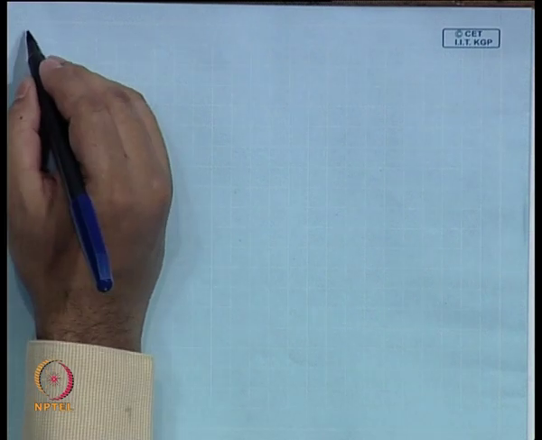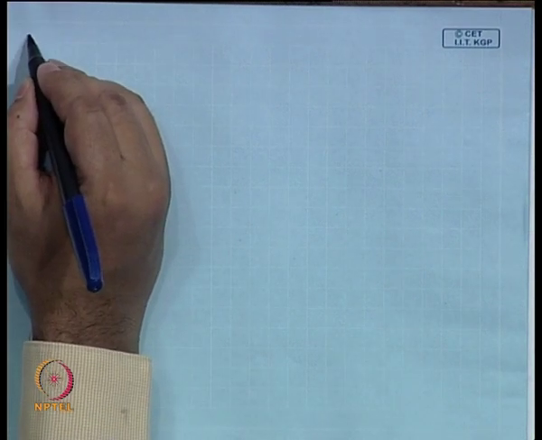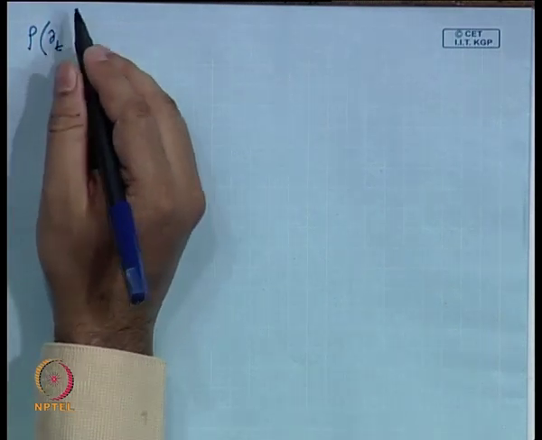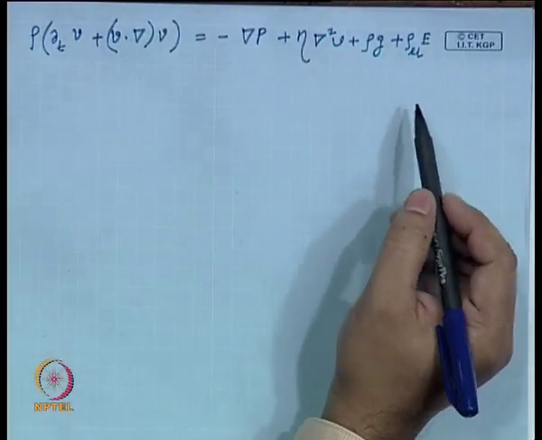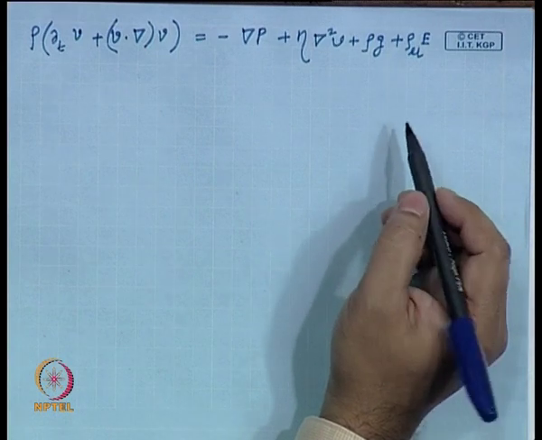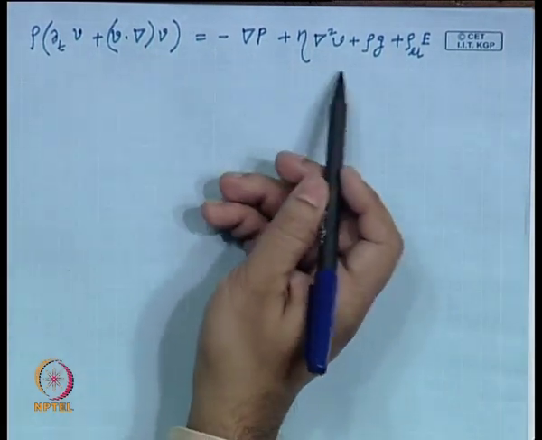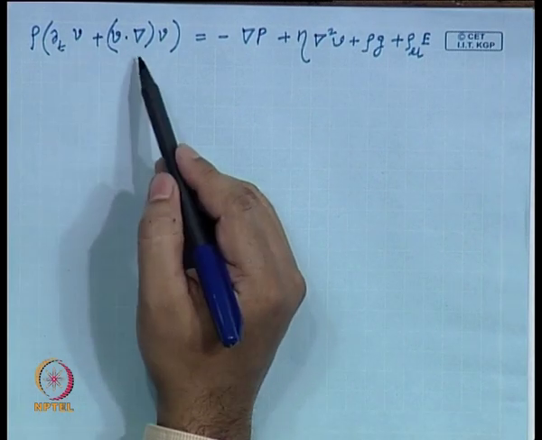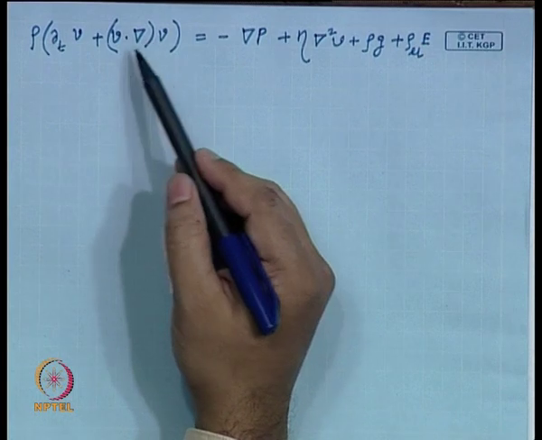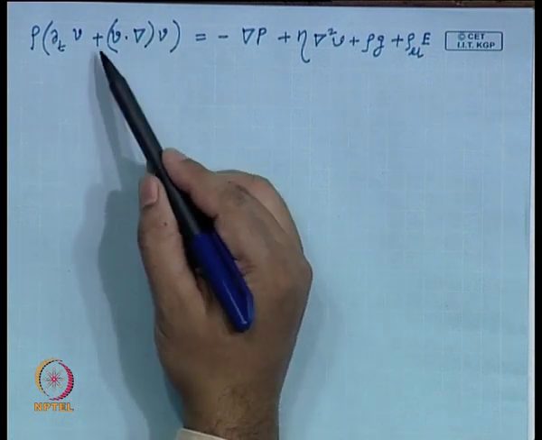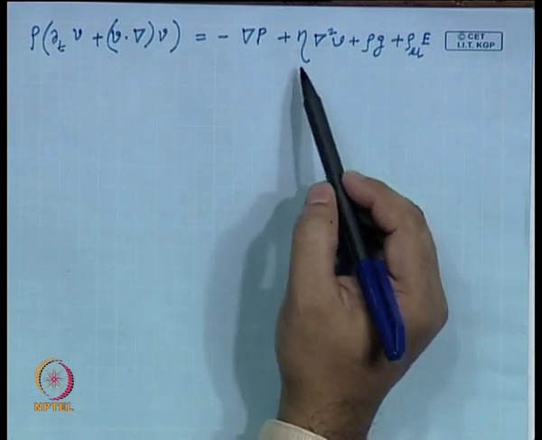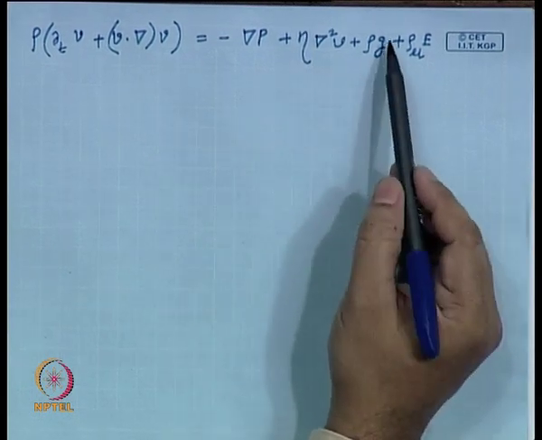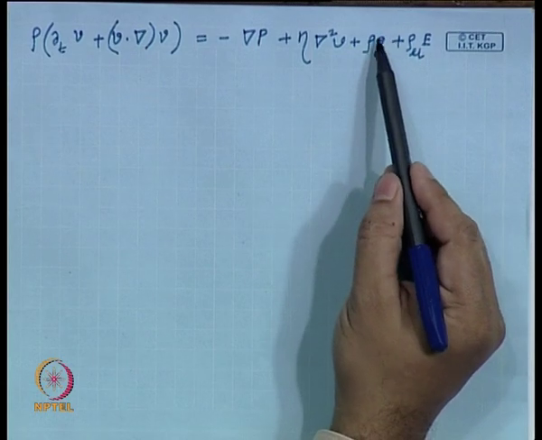First of all, we are working within the framework of the Navier-Stokes equation, which appears like this. These terms we are all familiar with: del v by del t is the derivative with respect to time, v dot del v is the convective term, this is the pressure gradient term, eta is the viscosity, and rho g is the component due to gravity.